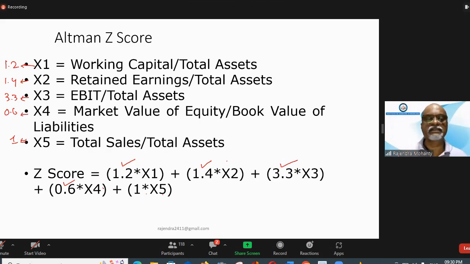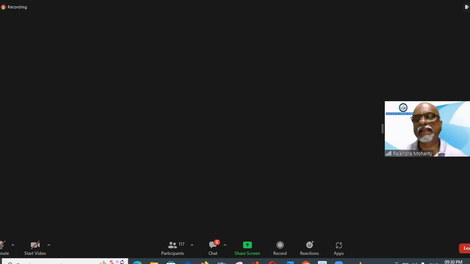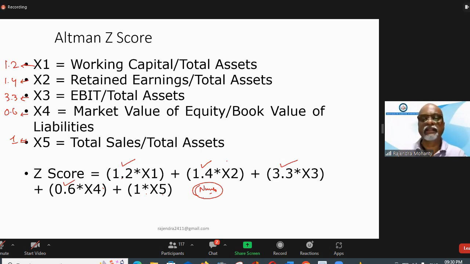After you multiply and add all these, you get a final number. Because all the ratios are numbers, multiplied with a simple number again, you will get a numerical value at the end.